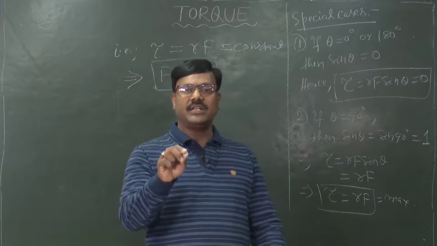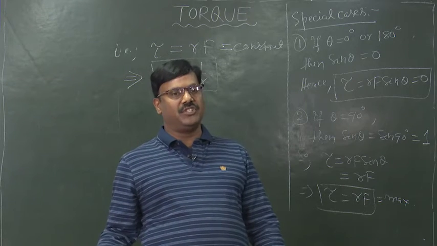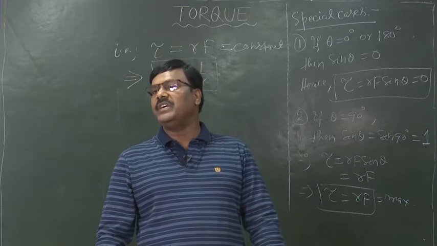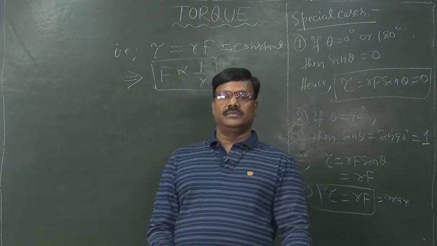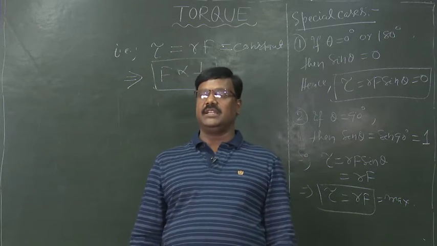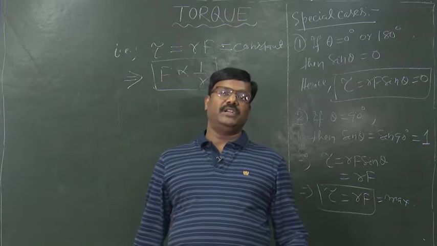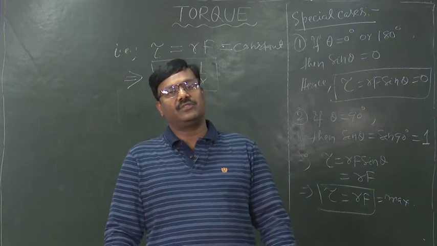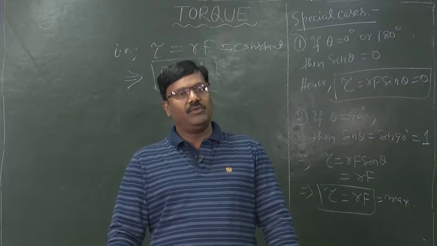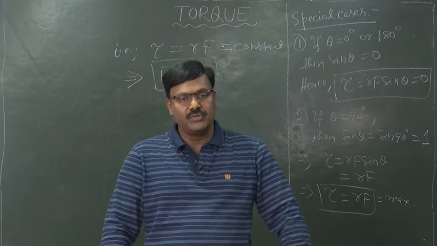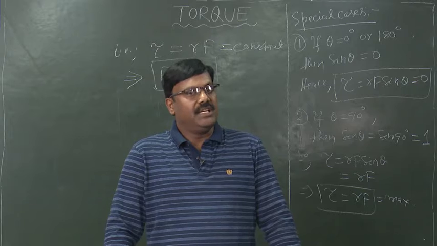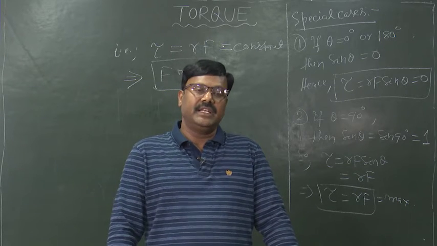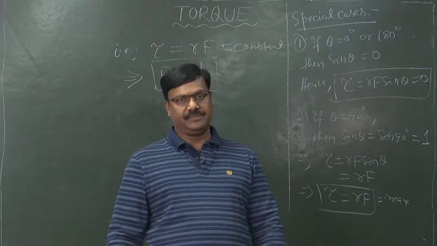In the case of the door, the axis of rotation is at the point where the hinges are connected to the door, and when we give a tangential force to the door, then the door starts rotating about the axis where the hinges are connected.